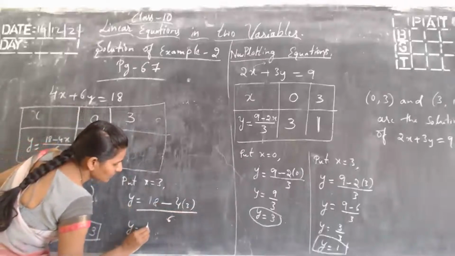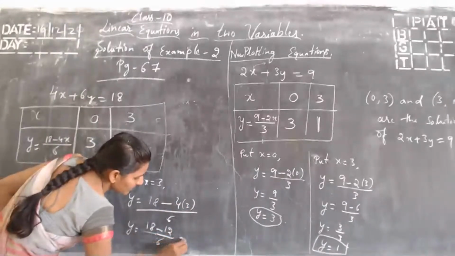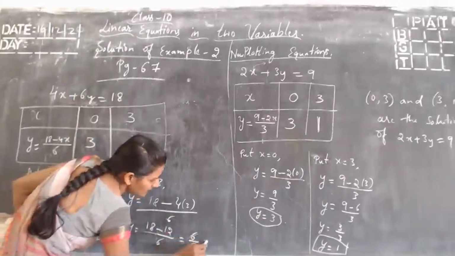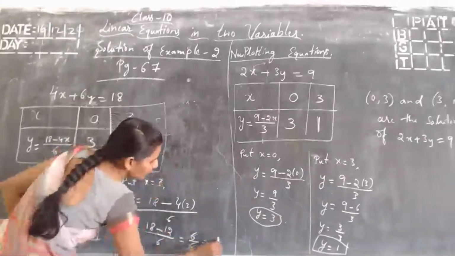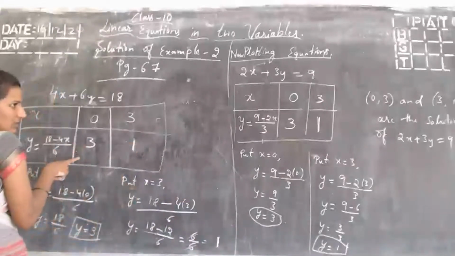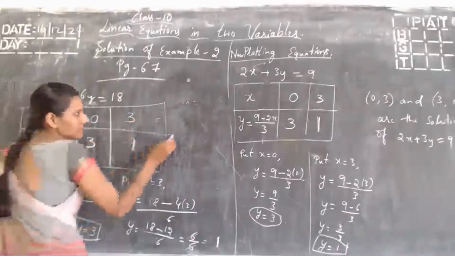So y is equal to 18 minus 12 divided by 6. 18 minus 12 is 6, divided by 6. 6 ones are 6. So what is the value of y? Y is equal to 1. So what are the solutions here? 0, 3 and 3, 1.